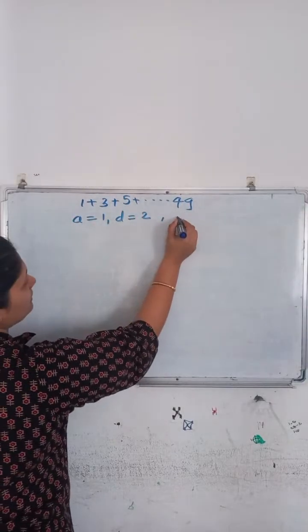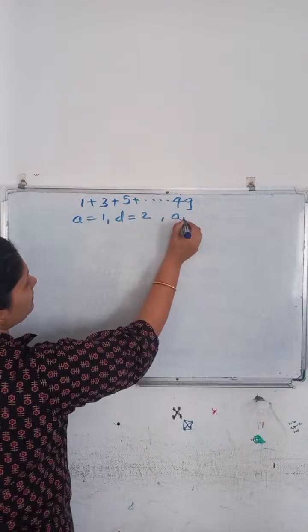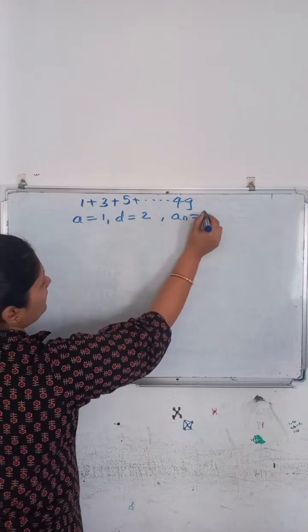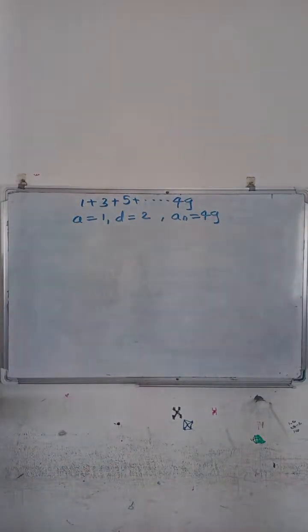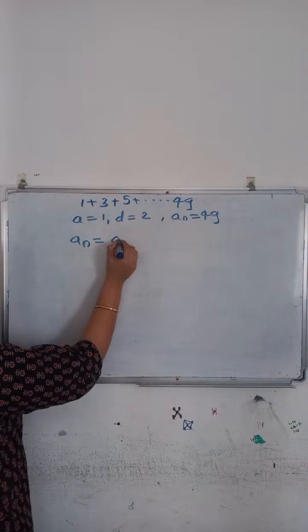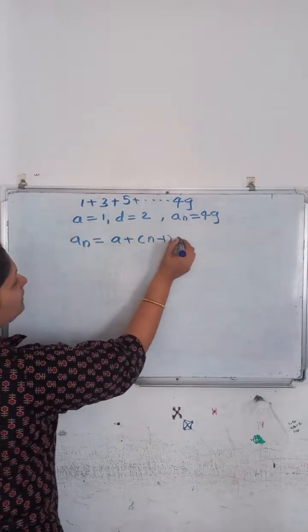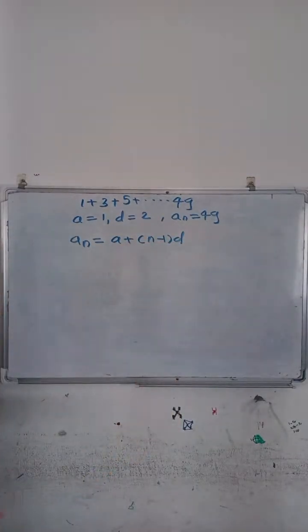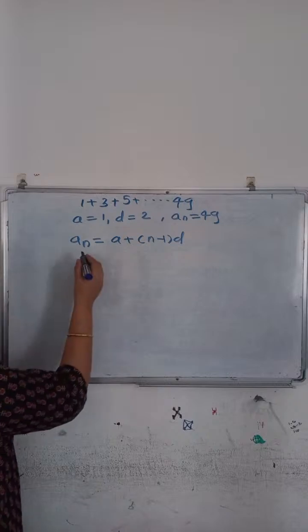The last term here, the nth term, is 49. Can you get this? Once we know this, the nth term is equal to a plus n minus 1 into d. We are interested in the sum, but first we calculate n.